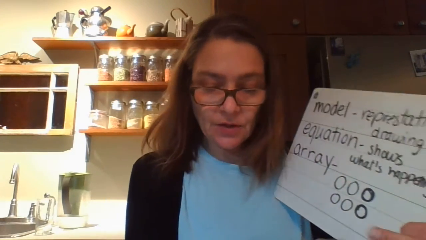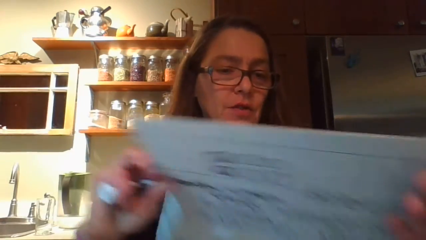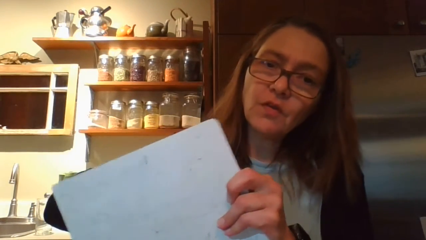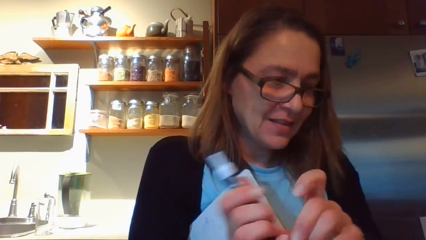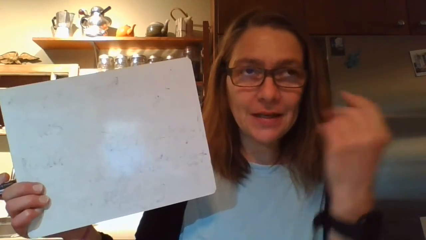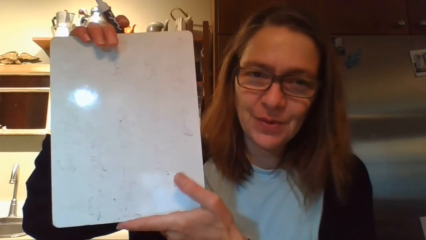All right, let's get started. I am going to use the back of this, and I am going to model for you how to do a model. So I am going to think about birds, and I am bird watching today.